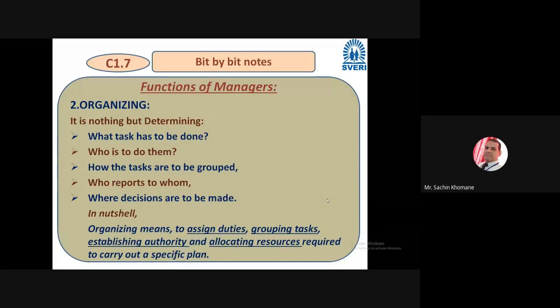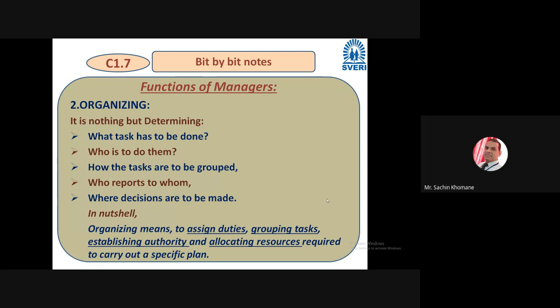Tasks must be done in a group, not individually; group tasks are always there in industry. Then who reports to whom? After working, who should report how much work is done, or if any query or difficulty is there, who should take help from whom? And fair decisions are to be made. काय अडचणी आल्यानंतर मग कुठे डिसिजन घ्यायचे कशाबद्दलचे.